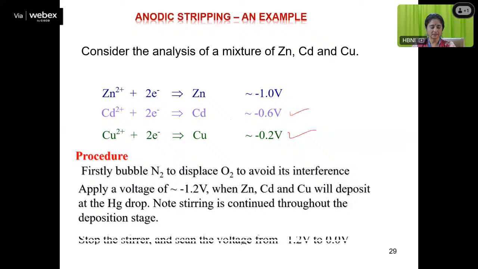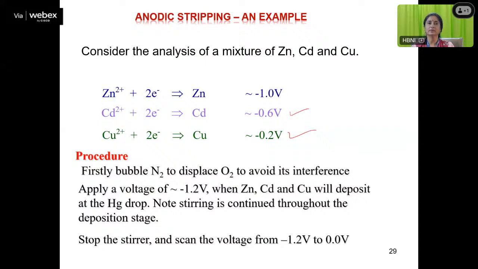Firstly, bubble nitrogen to displace oxygen to avoid its interference. There will be a reaction cell where your sample will be taken, where you want to analyze the zinc, cadmium and copper. First you need to bubble nitrogen through the solution to expel all the oxygen, because whenever a sample is there, some dissolved oxygen will be present, and oxygen can interfere in your analysis because it is a very good redox element.